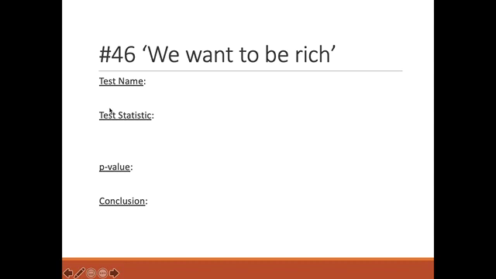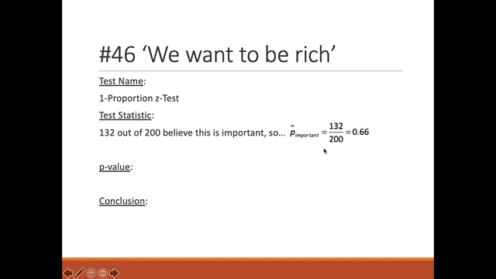The test name, this is a one proportion z-test. So the test statistic, be careful, this is not the test statistic. 132 out of 200, this is the sample proportion. This is the statistic, the value that we got from the sample, and that's described with the sample statistic, a p-hat.